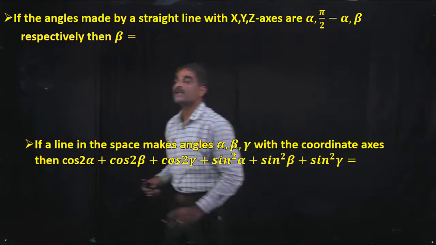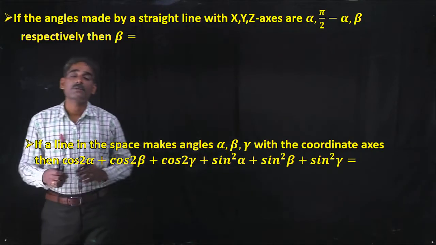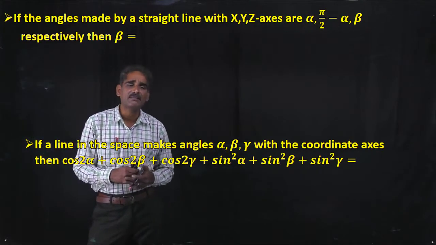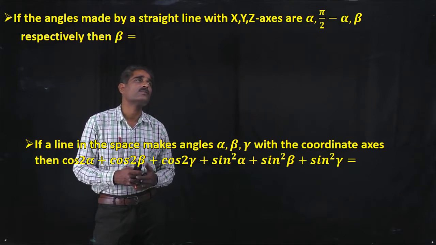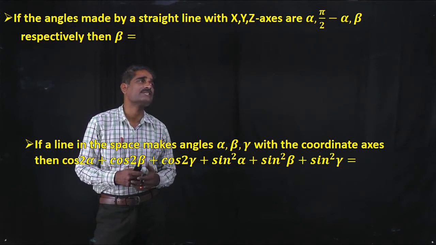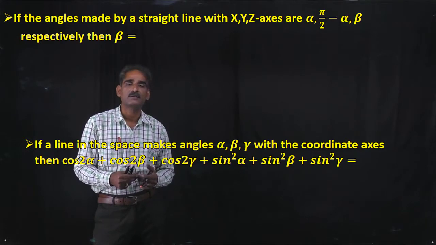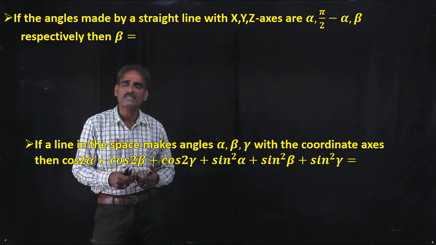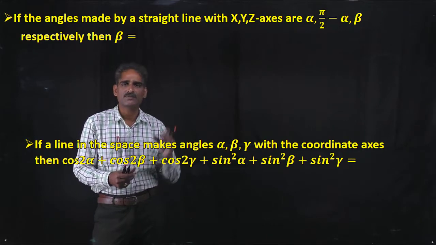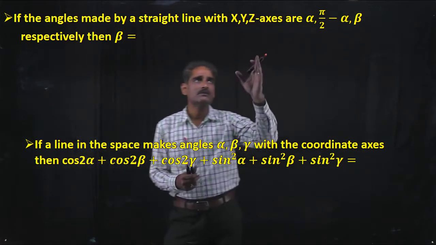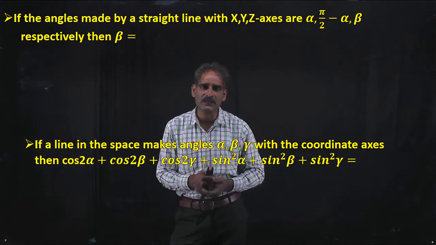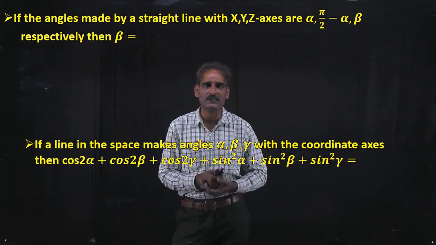Okay, look here. If the angles made by a line with the three axes x, y, z are alpha, 90 minus alpha, beta, then what is the angle beta? If alpha, beta, gamma are the angles made by the line with the coordinate axes, then cos alpha, cos beta, cos gamma are the DCs.